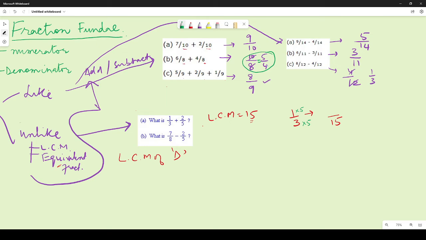So here when you are changing into a fraction which has a lower denominator, you divide by the HCF. There is this rule that you need to follow. You always divide by the HCF, and you multiply by a number that will take it to the LCM.